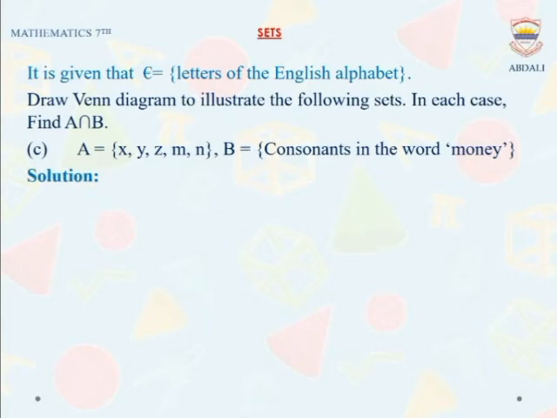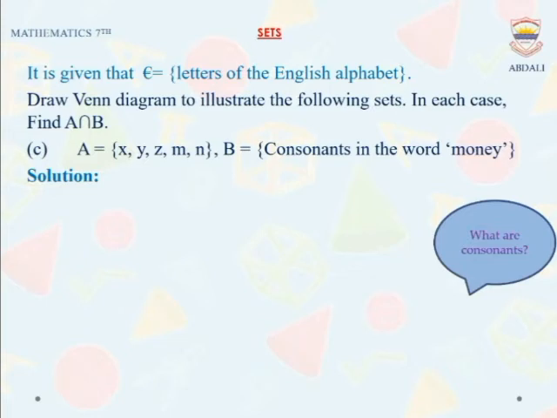So class, here is a question: what are consonants? We are familiar with vowels, which are A, E, I, O, U. So all the English alphabets other than vowels are known as consonants.